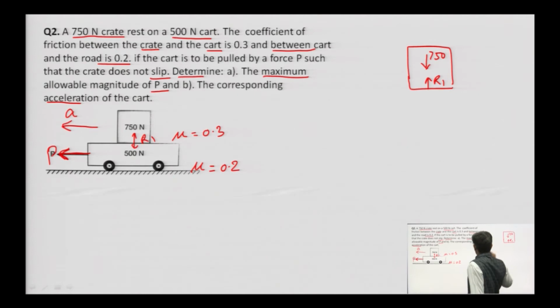And the friction, since the direction of motion is along this, we will take later on. Let us make the free body diagram of this one.